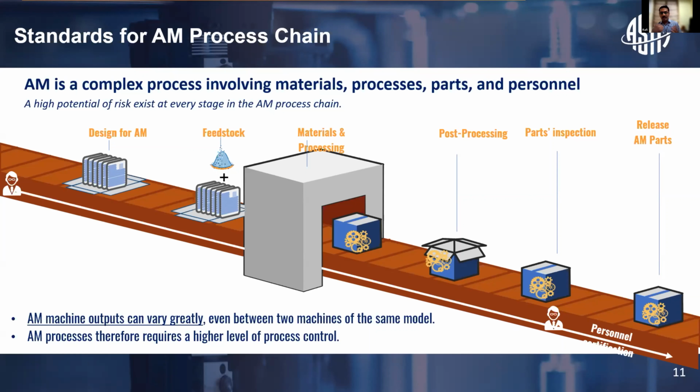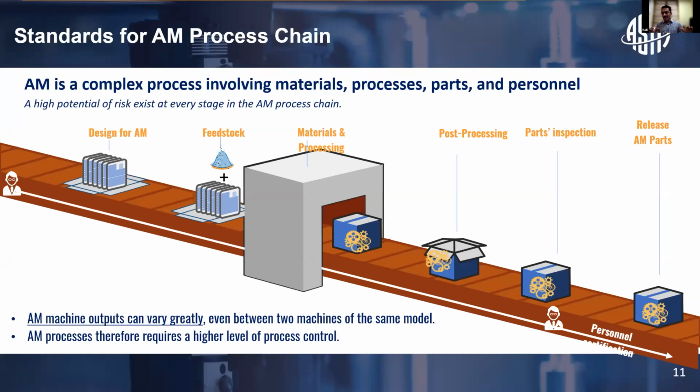When it comes to post-processing, I think post-processing takes more time than the actual printing process. So there are a lot of possibilities where things may go wrong while we do post-processing. And part inspection. There are a lot of inspection methods which can be used, but again, you should have a documented procedure for inspecting a part. So there are ample possibilities for things to go wrong at different stages in additive manufacturing.